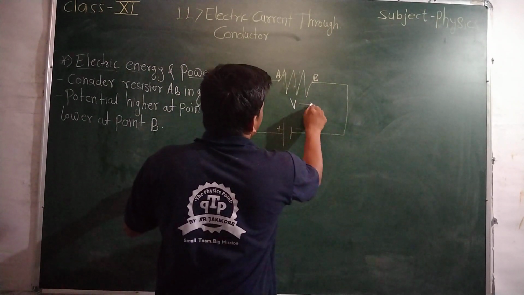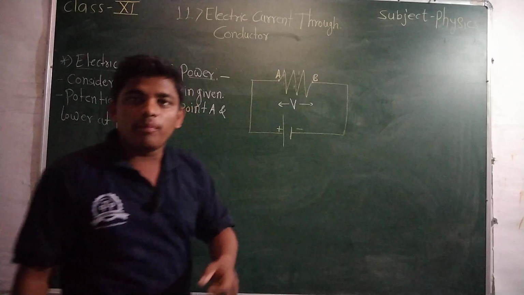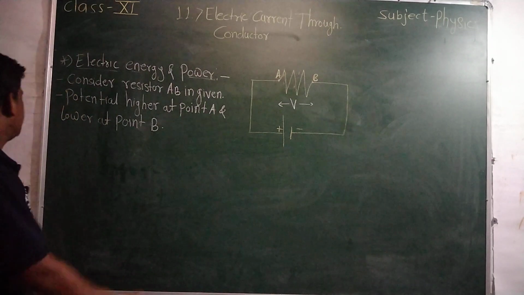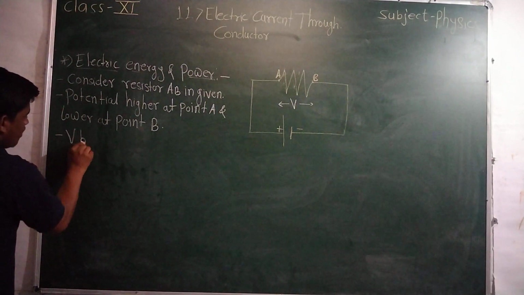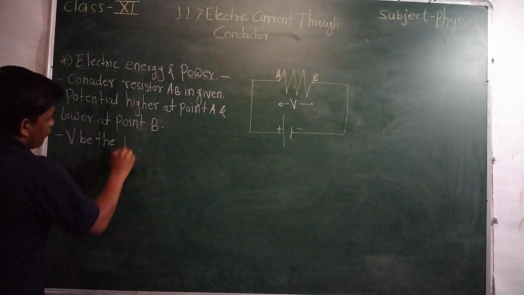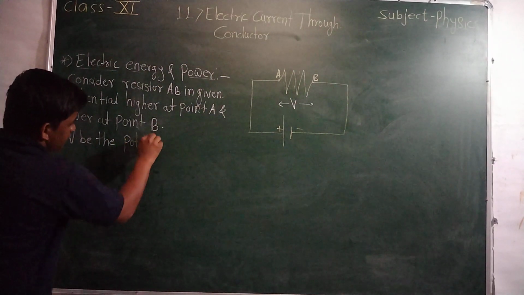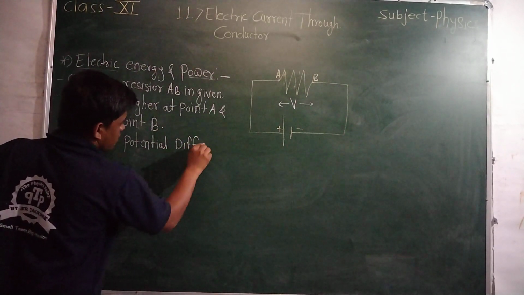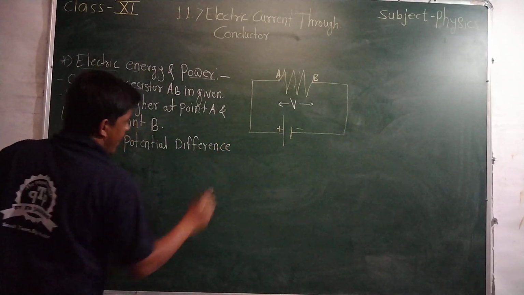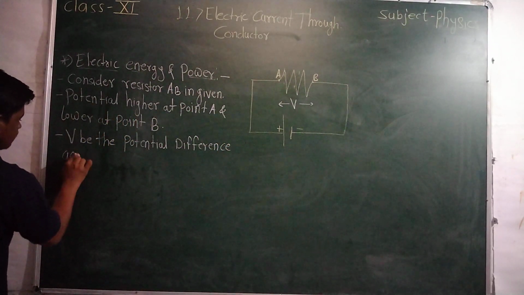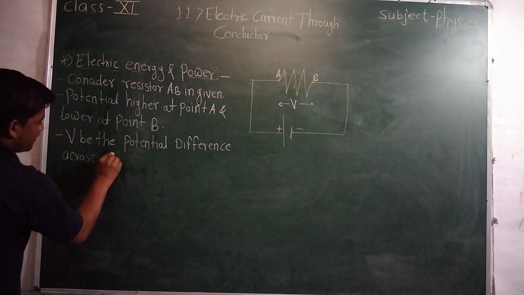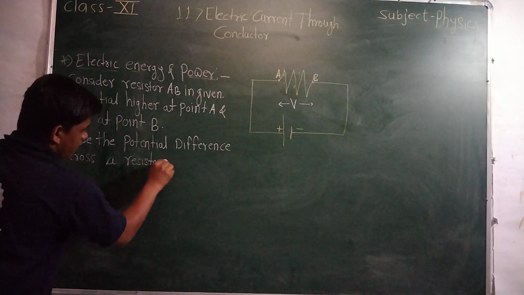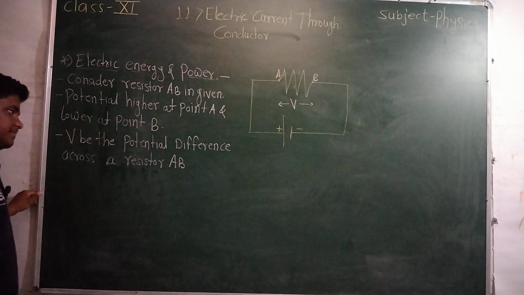Let capital V be the potential difference across the resistor AB, or the potential applied across the resistor AB.